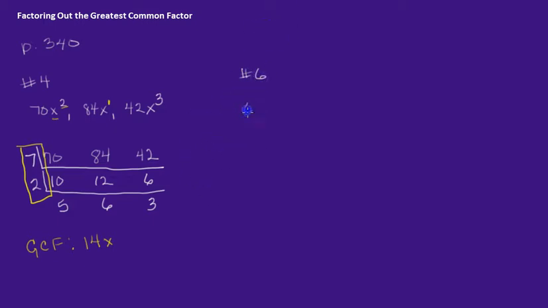We've got 60 a squared b to the 5th, and we've got 140 a to the 9th b squared, and lastly we've got 40 a cubed b to the 6th. Okay, that's what we've got.